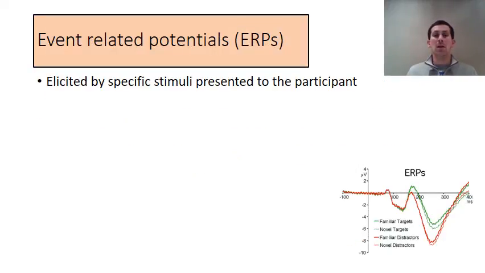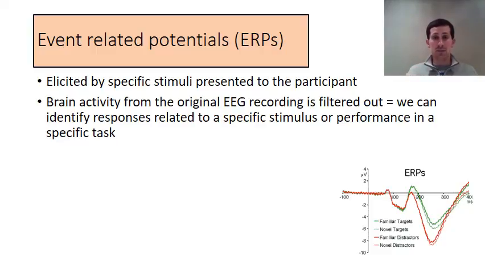ERPs are elicited by specific stimuli presented to the participant. So we get the EEG reading that we just looked at, and we filter out all of the irrelevant information from that. We present the participant with a specific stimulus, and we're able to pick out that particular part of the EEG. Remember, the EEG is just showing you general state from asleep to awake, a big graph.